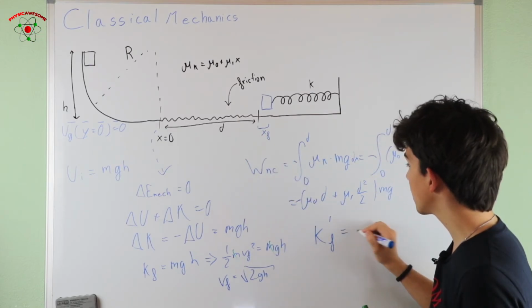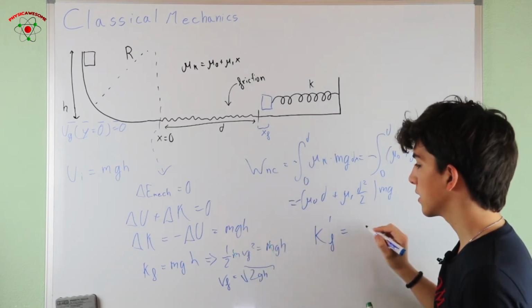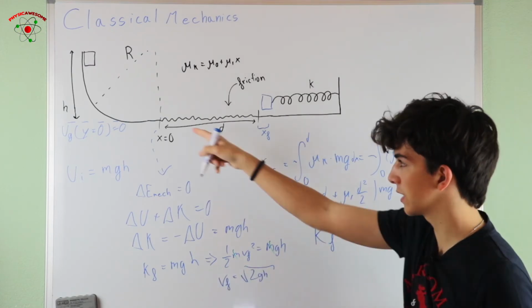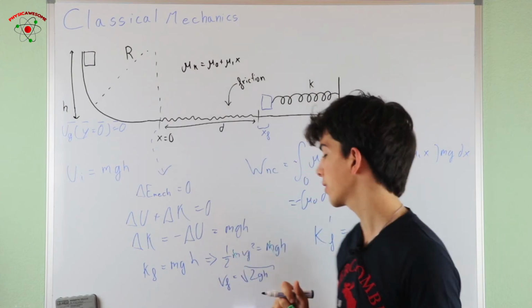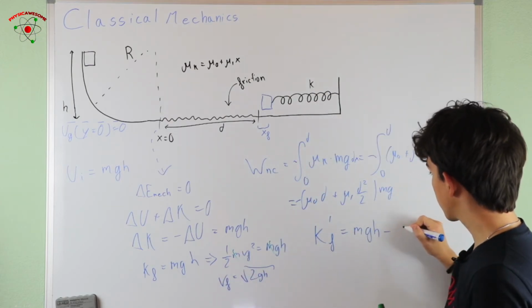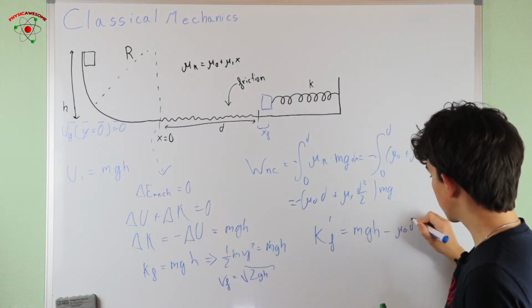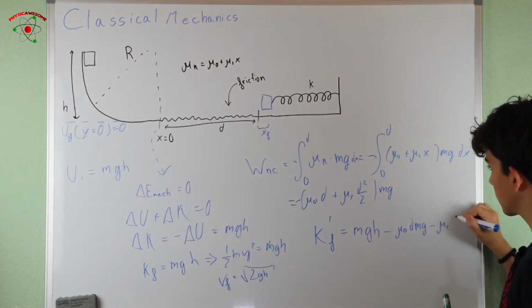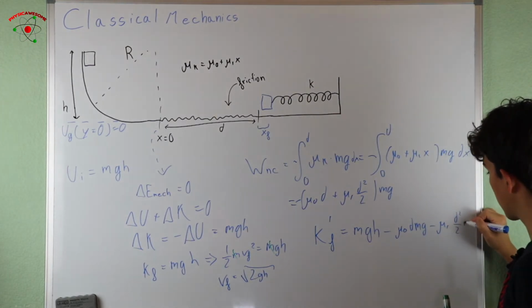It's going to be equal to the initial kinetic energy we had before entering this friction path, minus mu0 d mg, minus mu1 d squared over 2 mg.